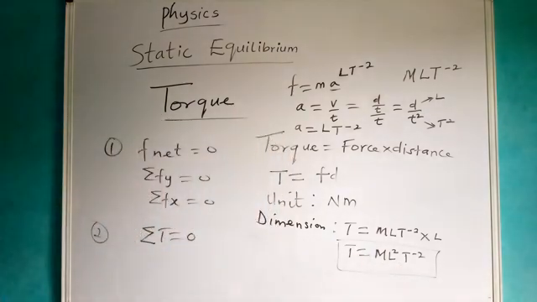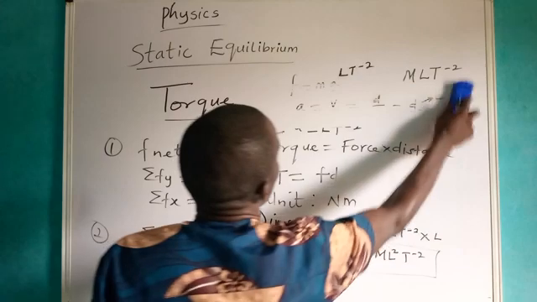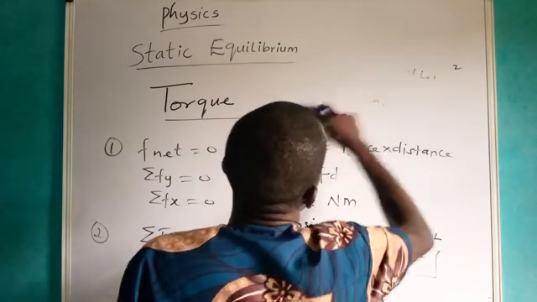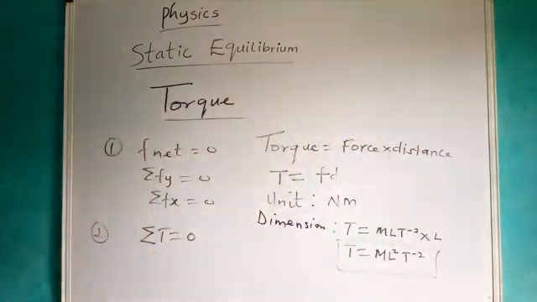Please take note of that. I think we are able to determine the formula for torque, the unit for torque, and also the dimension for torque. Please take note of this aspect. It is very important.